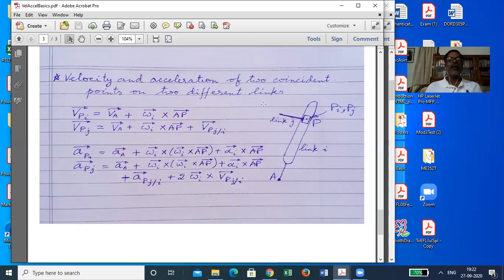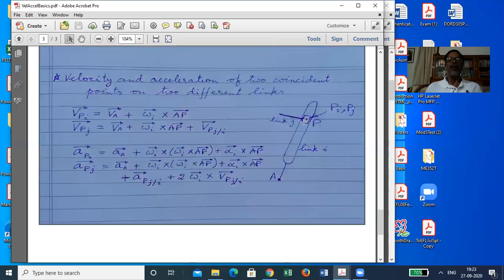Relative to that, the acceleration of point Pj will have two more terms. So these terms are already there, plus two more terms. One is the acceleration of relative sliding in the slot, that is this, which will be in this direction.